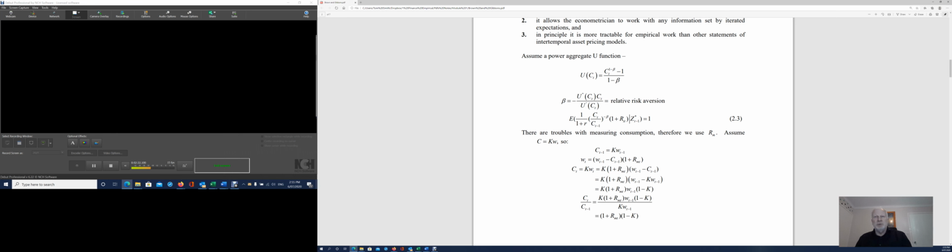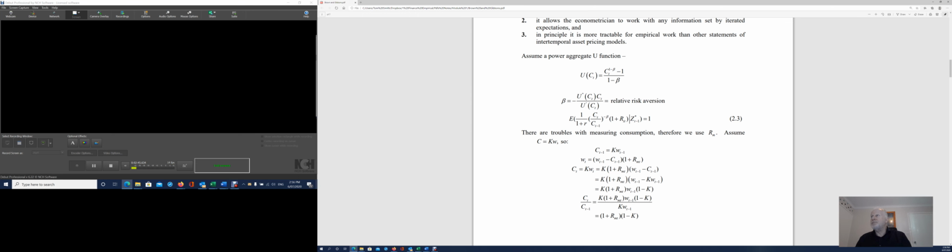So C_T equals K W_T equals K(1 plus R_MT), what we've got up here, (W_{T-1} minus C_{T-1}). Taking out the K, and remembering C_{T-1} is K times W_{T-1}, the K and W_{T-1} cancel out, and you get that aggregate consumption is actually just related to the market return at this constant.